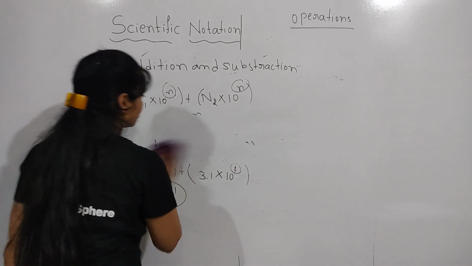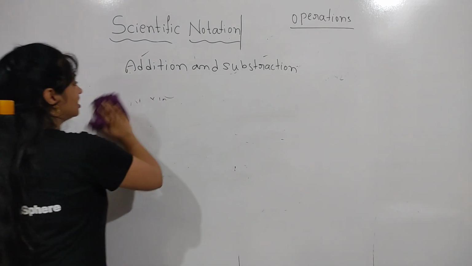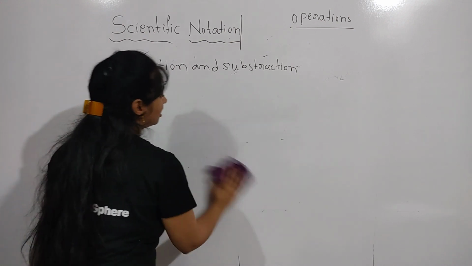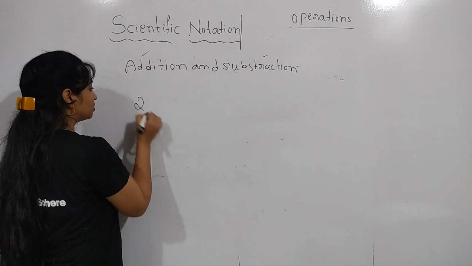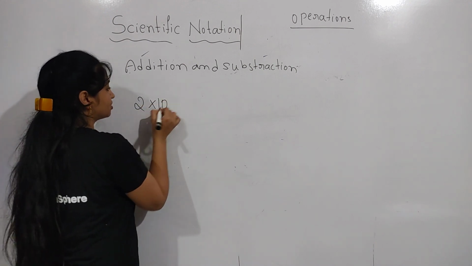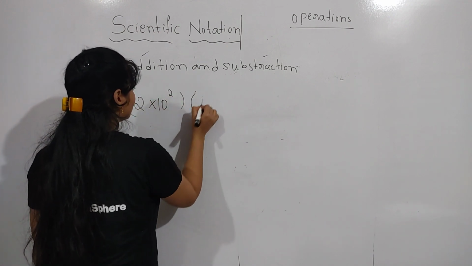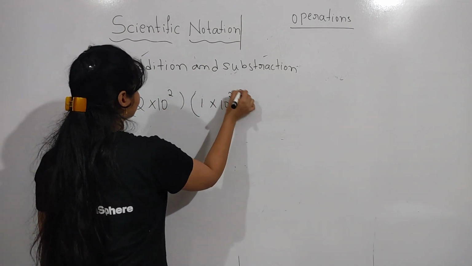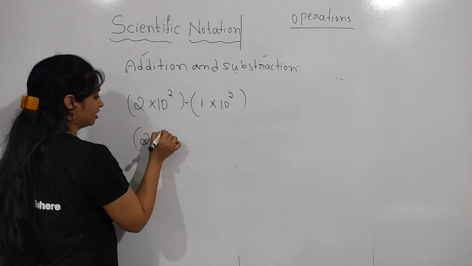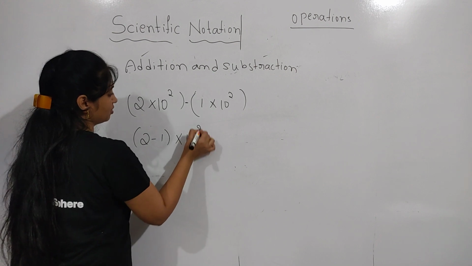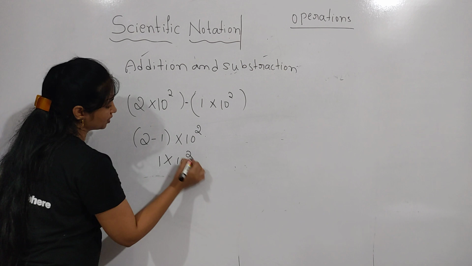So in the addition or subtraction operation, just remember the two exponents are the same. 2 into 10 raised to 2 minus 1 into 10 raised to 2. Then 2 minus 1 into 10 raised to 2. 2 minus 1 is 1 into 10 raised to 2.